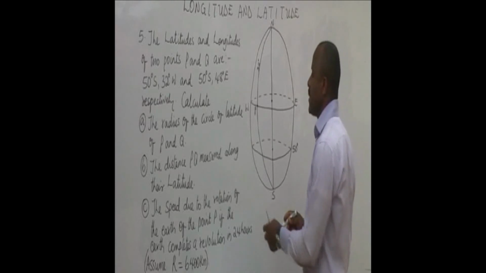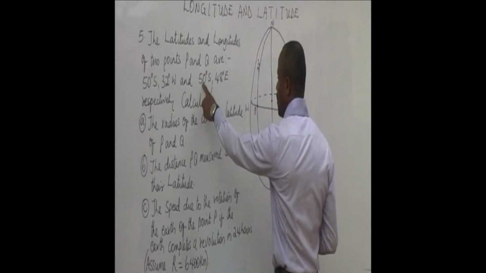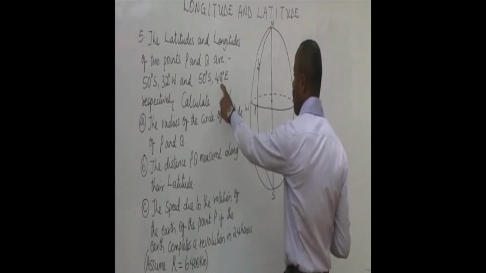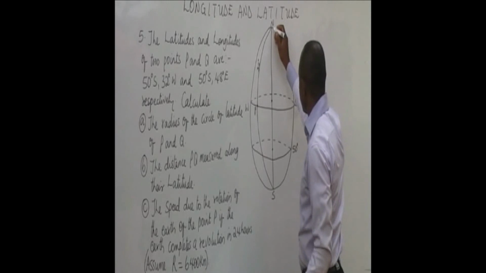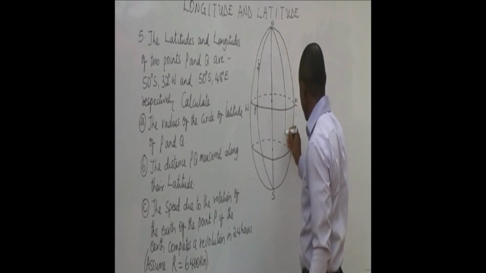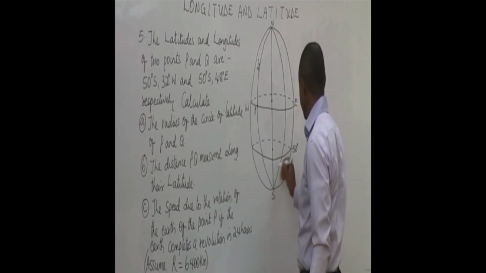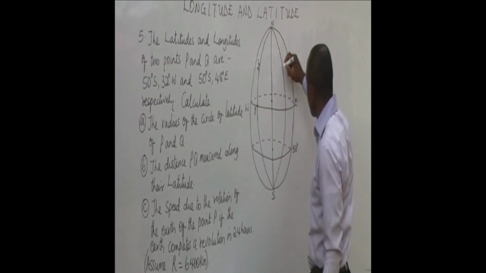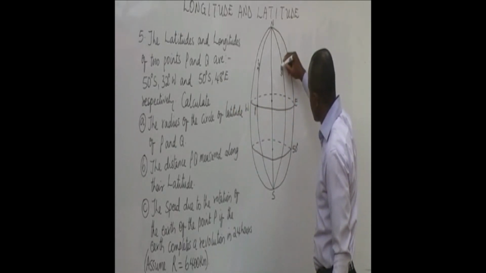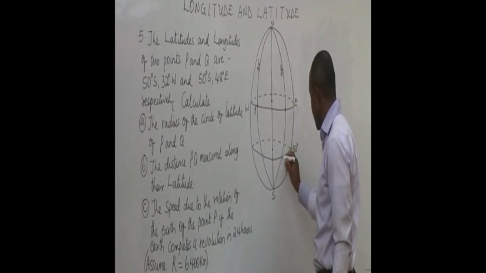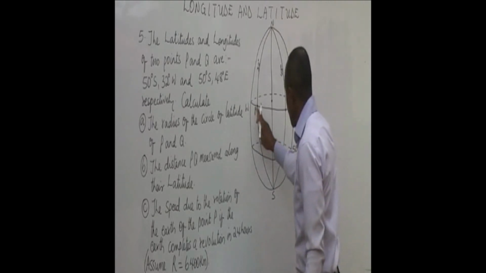The second one, which is Q, is on the same line of latitude, 50 degrees south, but 48 degrees east. So draw its line of longitude on the eastern part of your globe and name it 48 degrees east. So this point of intersection, sorry, no, P was not here.